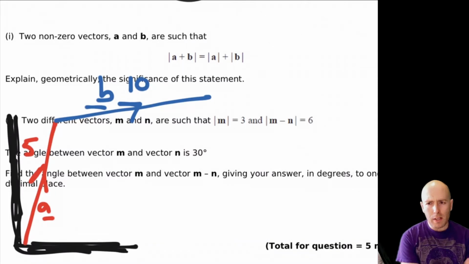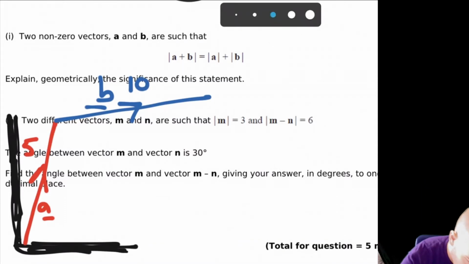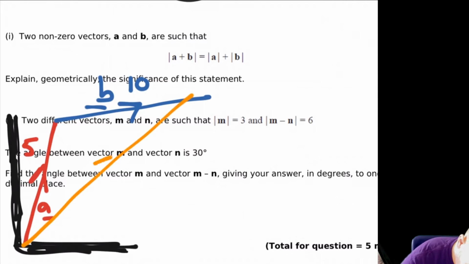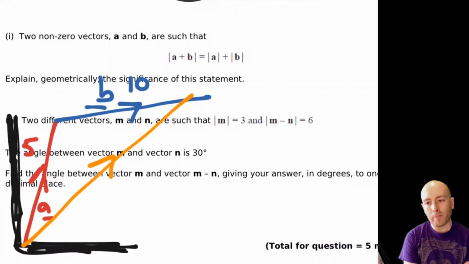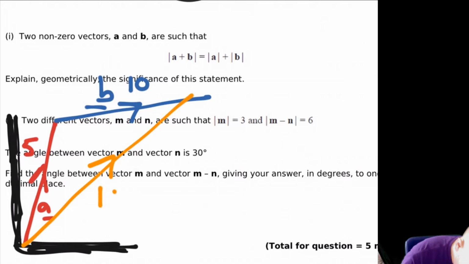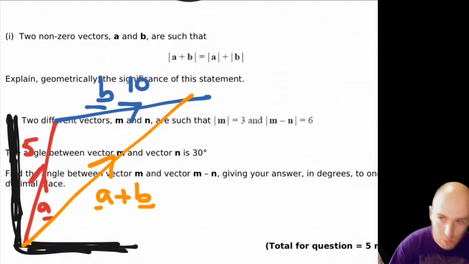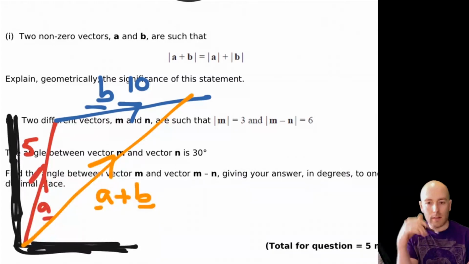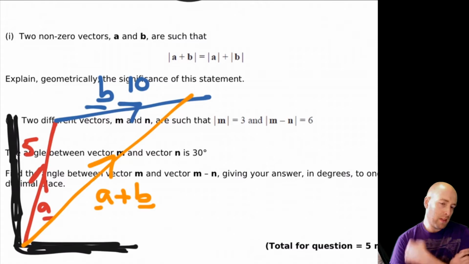If I draw A plus B on here based on my sketch, A plus B looks like this. How can we work out A plus B's length? Because obviously with vectors we go up A, we go across B. That is A plus B. So if it was right angled, we could use Pythagoras.